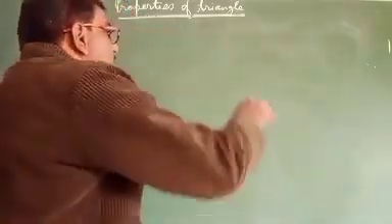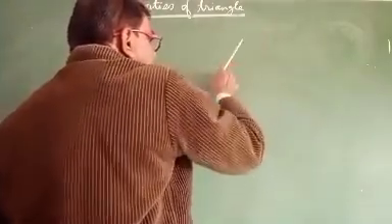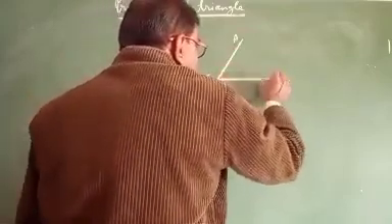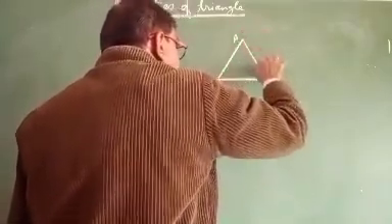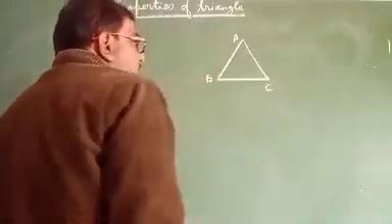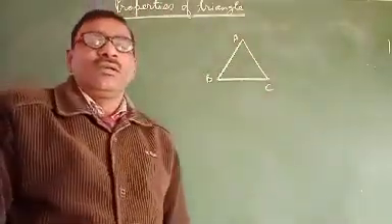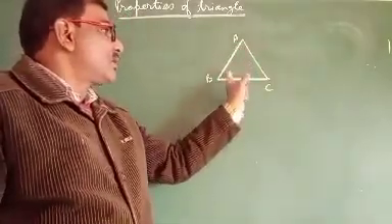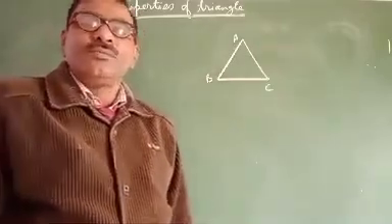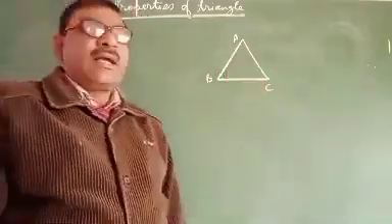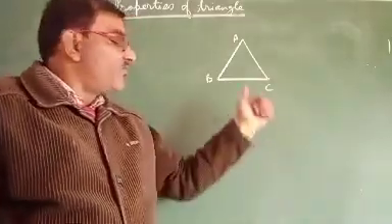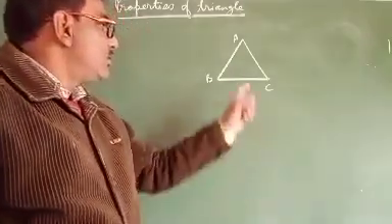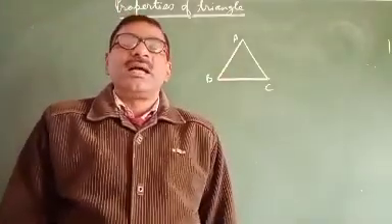That is, if you take this line AB and take this line BC and join these three lines AB, BC and CA, we get the triangle. Here the first, second and third angles are formed. So a triangle is a closed figure formed by three line segments.